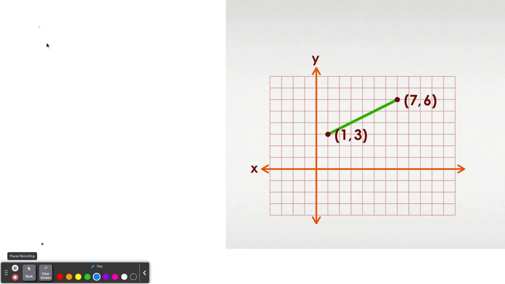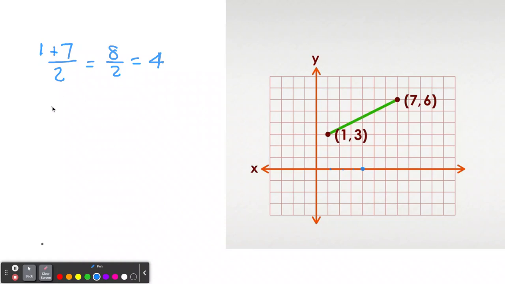What did you think? So we have our x's, we have our y's, we have our pen ready. Maybe we'll use blue. So we have a 1 plus we have a 7 for the x's. So that's 8 over 2, so we know 4. So we have 1, 2, 3, 4. At 4 on the x would be the midpoint.